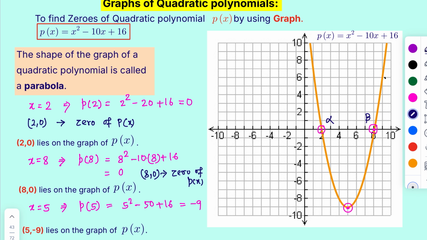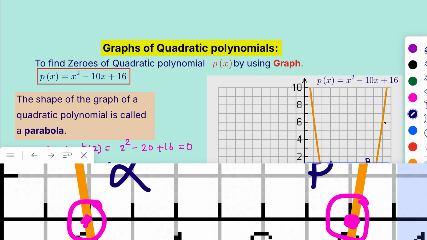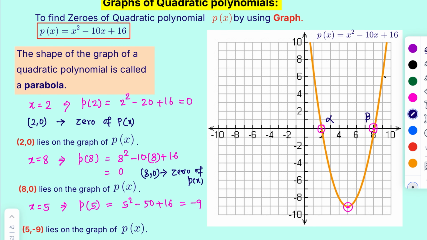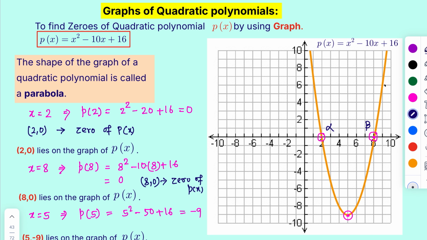And you see this is at x is equal to 5. At x is equal to 5, y is equal to minus 9. This point is called the vertex of the parabola, vertex of the graph.